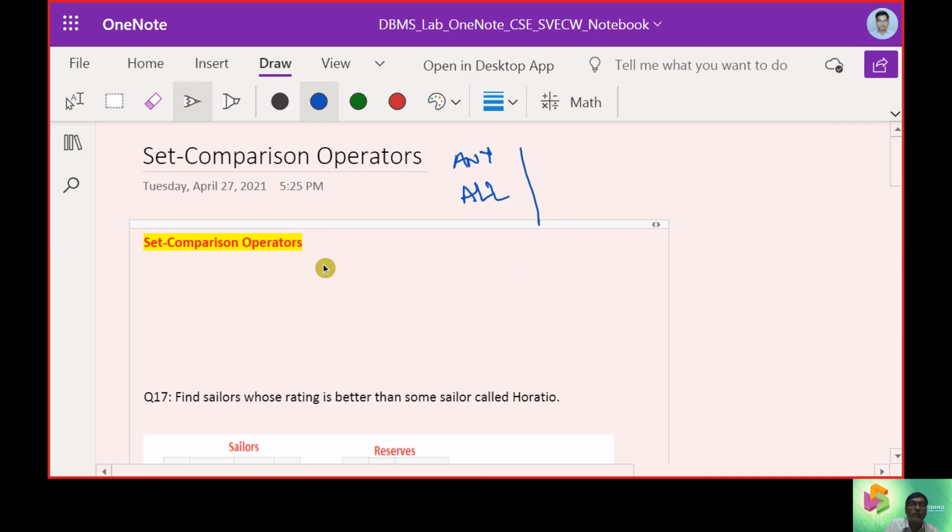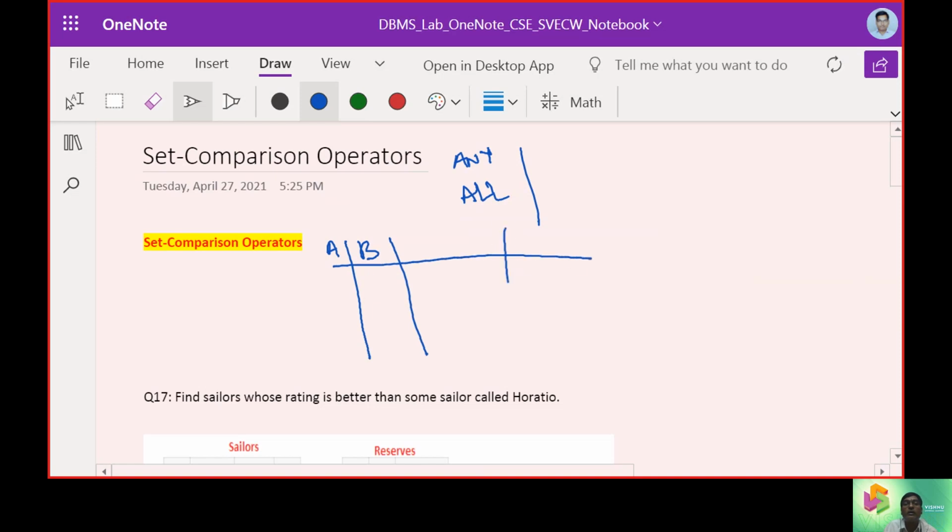Assume there are two sets, A and B, then we can use the four combinations. For example, when we use an AND operation or an OR operation: the AND operation requires both conditions to be satisfied.